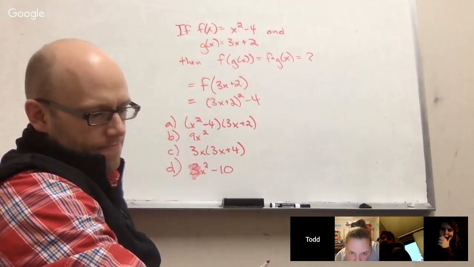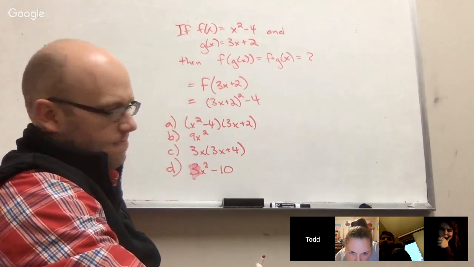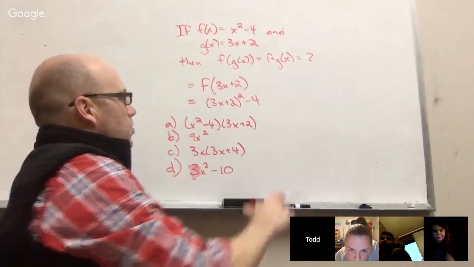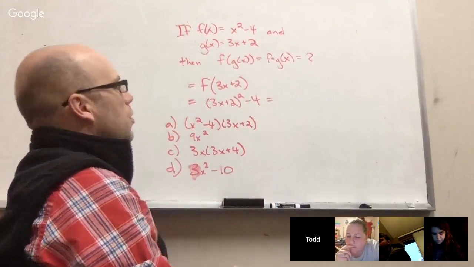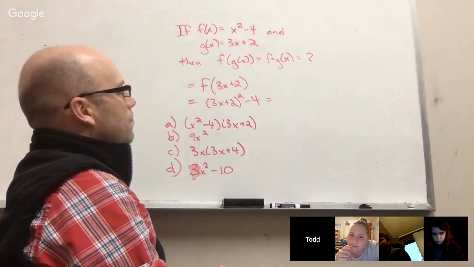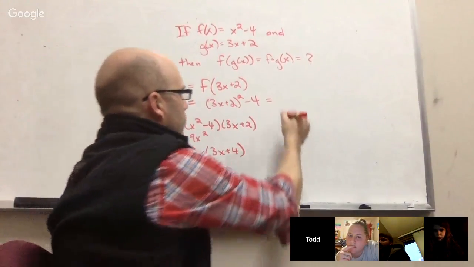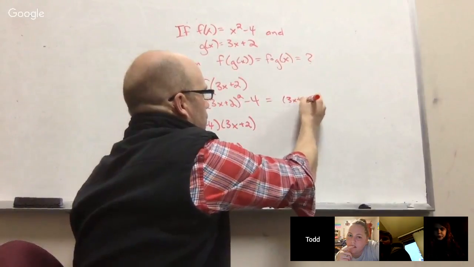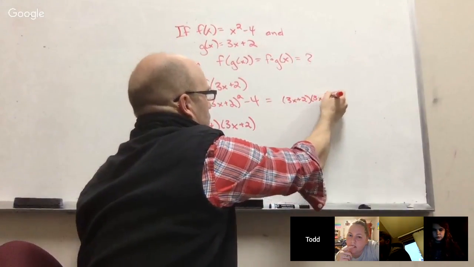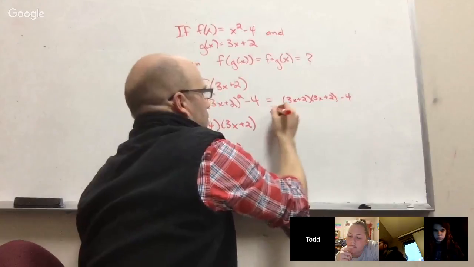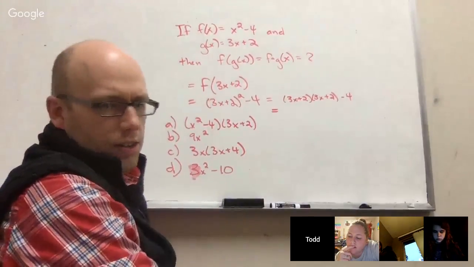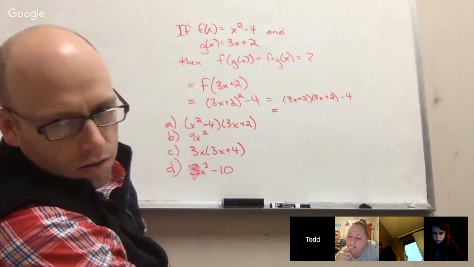Well, you've got to expand the 3x plus 2 part. So what is 3x plus 2 quantity squared then? 3x plus 2 times another 3x plus 2. And that's just 9x squared plus 4?